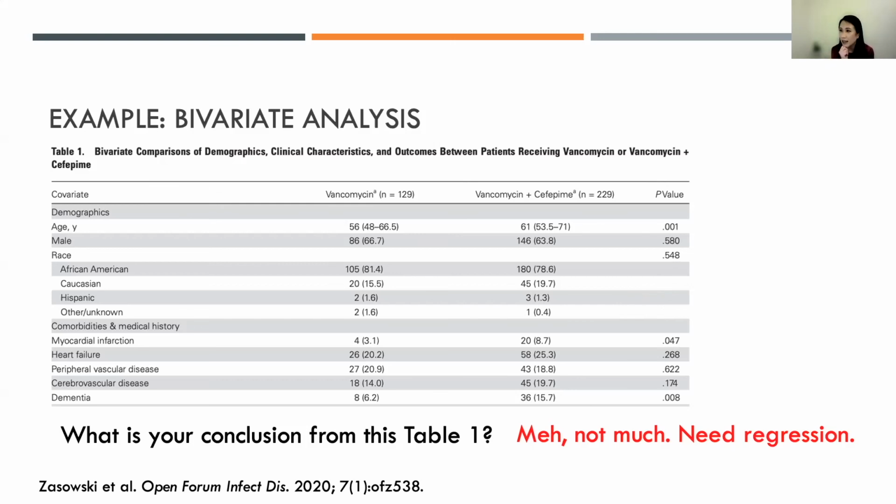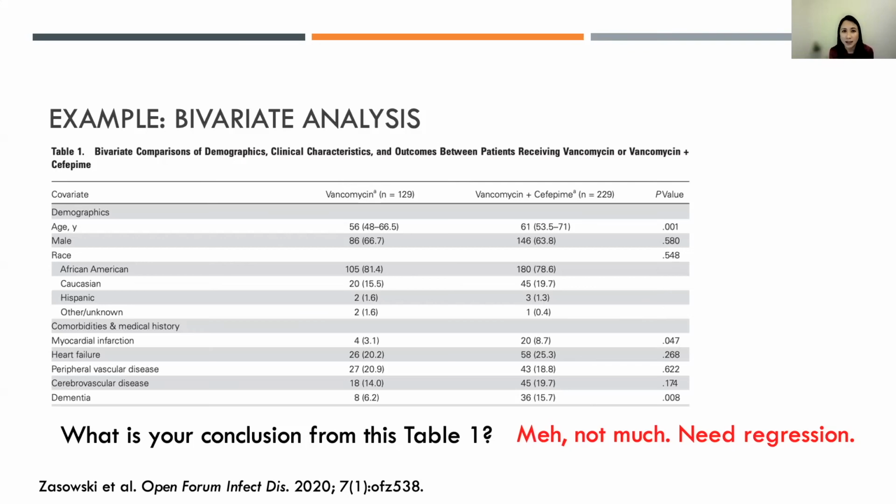One of the things I want to bring to your attention is that this is our typical table one. We're showing the exposures of interest, or the treatment groups of interest, the comparator groups of interest, and calling that a table one.